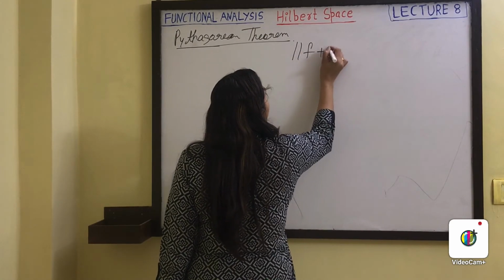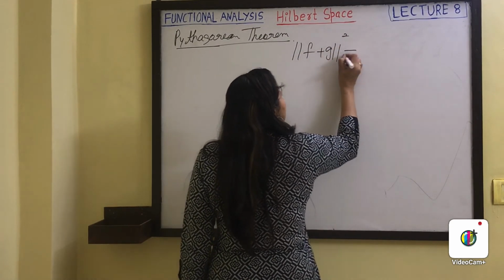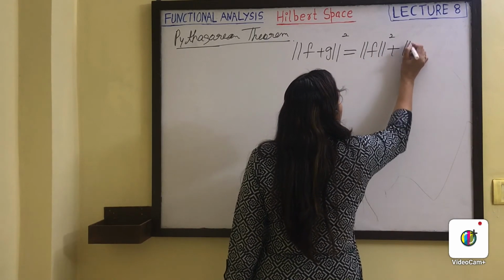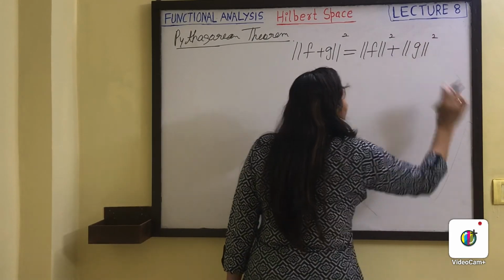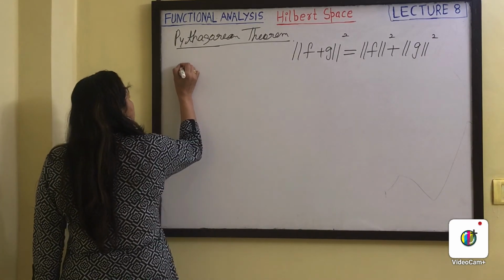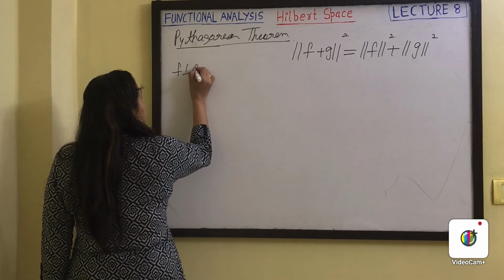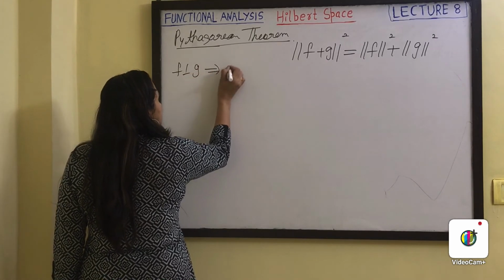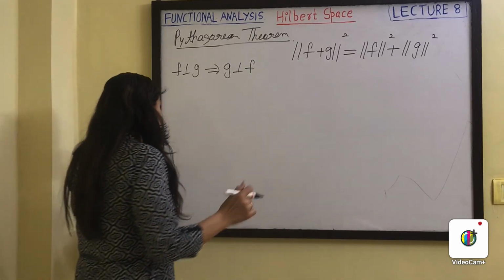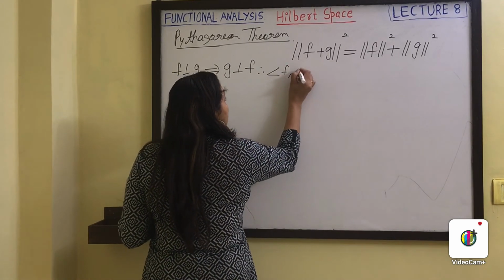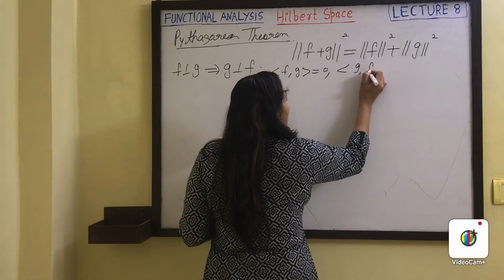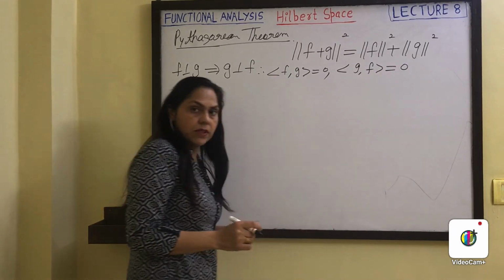The Pythagorean theorem is norm of f plus g squared is norm f squared plus norm g squared. Okay, now we have f is perpendicular to g, and this implies g is perpendicular to f. Therefore, we can say the inner product of f comma g is equal to 0, and the inner product of g comma f is also equal to 0.